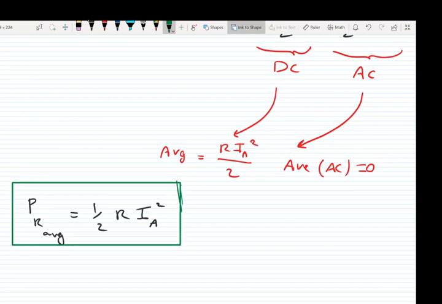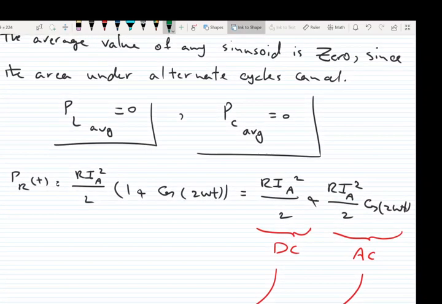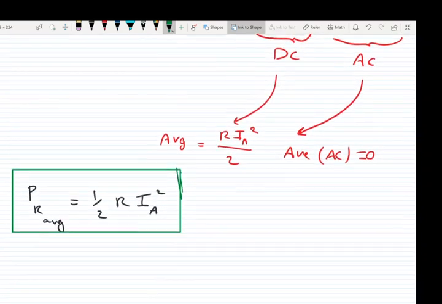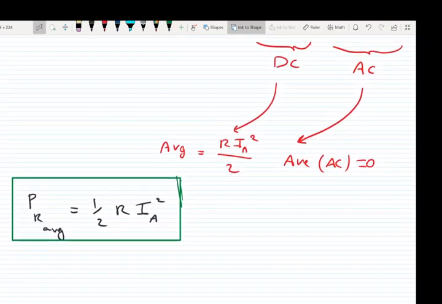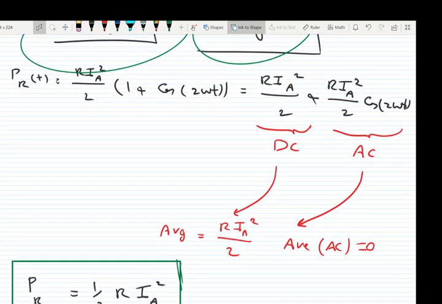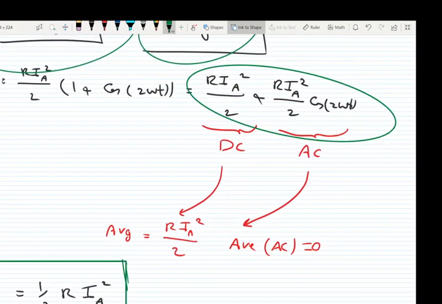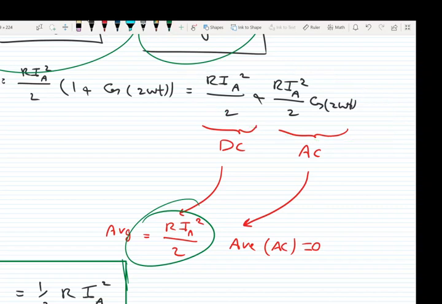So the average power for the inductor and capacitor are 0, but for the resistor it is 1/2 of R I_A squared. If we just calculate the integral of this function for one period, we see that the answer will be equal to R I_A squared over 2.